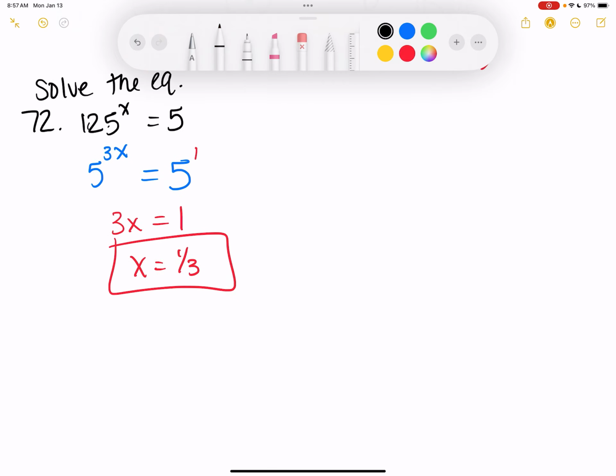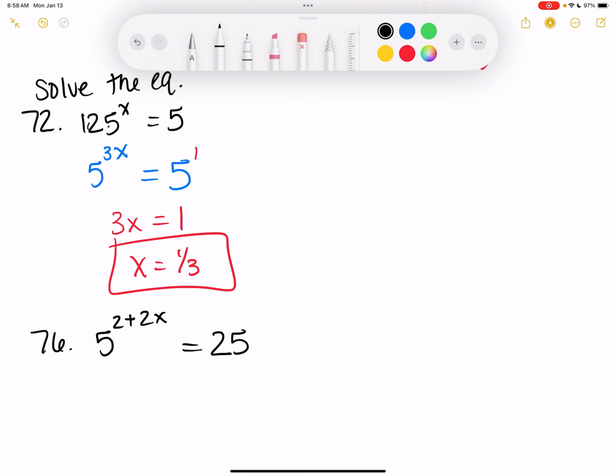Let's see, 76. 5 to the 2 plus 2x equals 25. So again, I want to see, can I rewrite 25 in terms of 5 to some power? 5 squared.